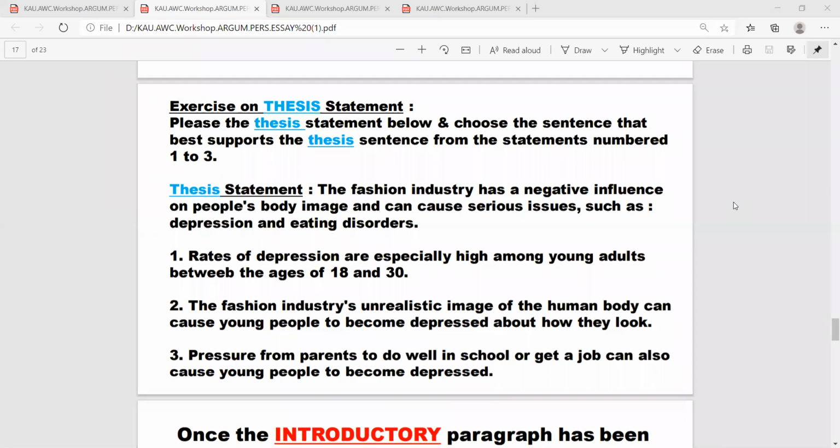Number 1 and 3 really are superfluous. Superfluous, I mean excessive. They have nothing to do with people's body image as related to the thesis statement. I think that's an excellent point that Mariah made.